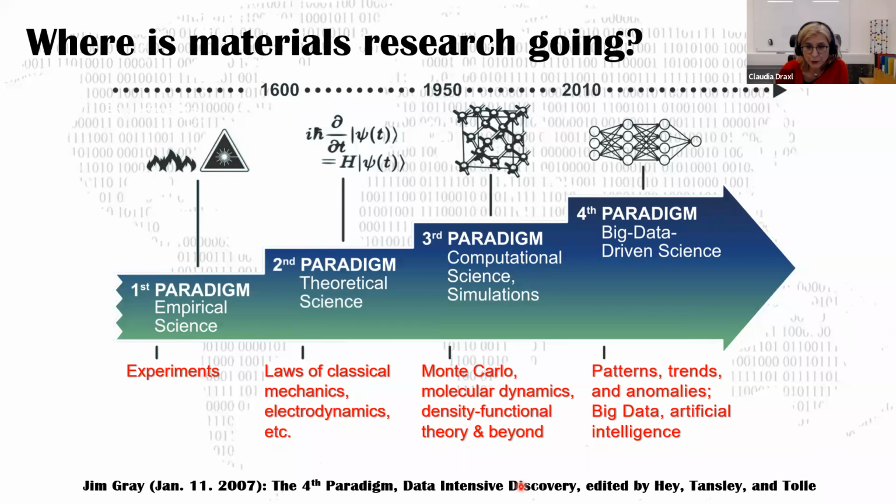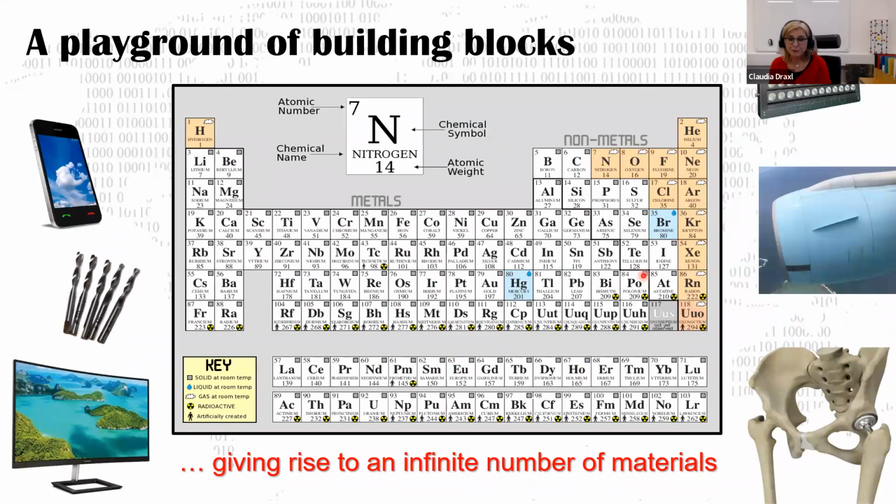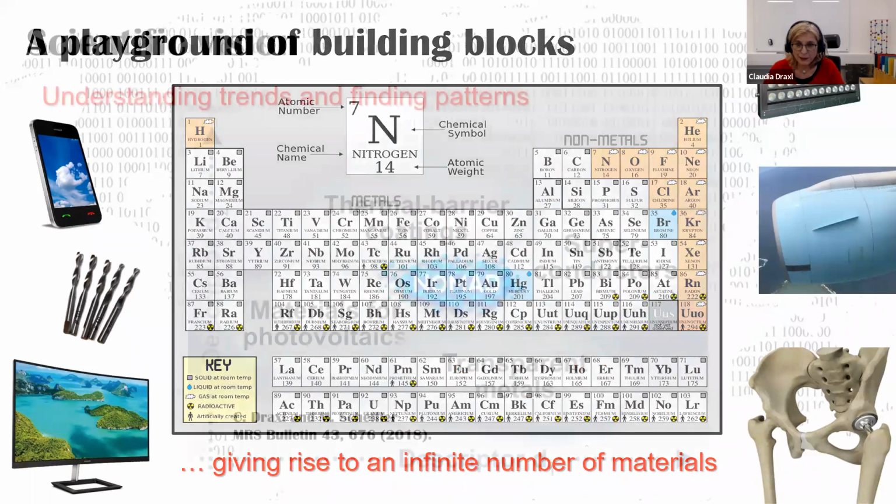This brings me to the point that we could exploit the data, and by creating novel tools of artificial intelligence and machine learning, we could gain a lot of knowledge from the data that we create anyway.